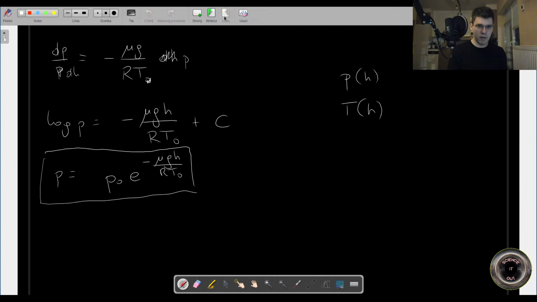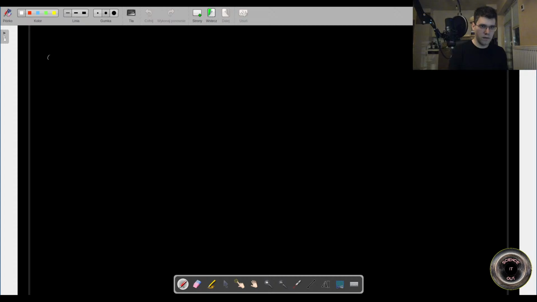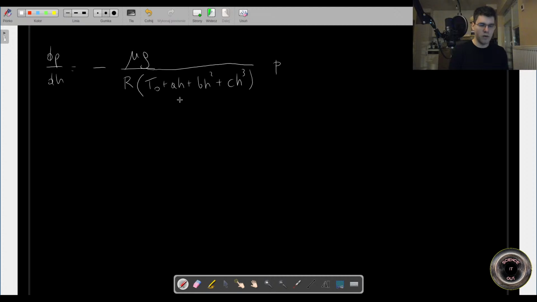So now we have something like this. We have dP over dh equals minus g over R, and now we have T0 plus Ah plus Bh squared plus Ch cubed, times P. And this equation is quite a bit harder to solve.